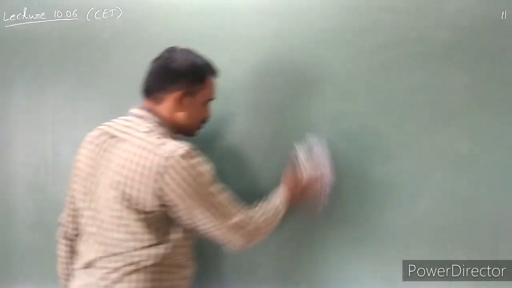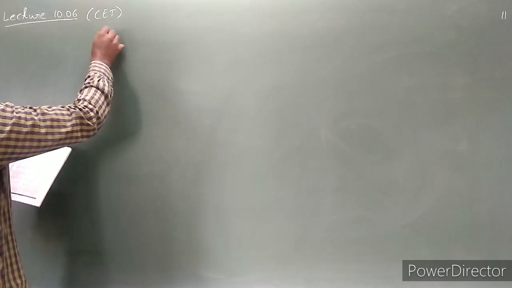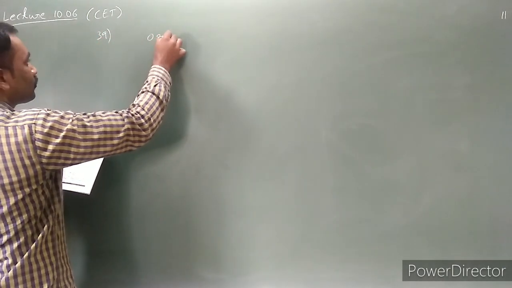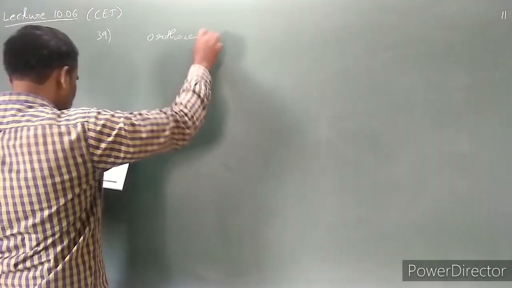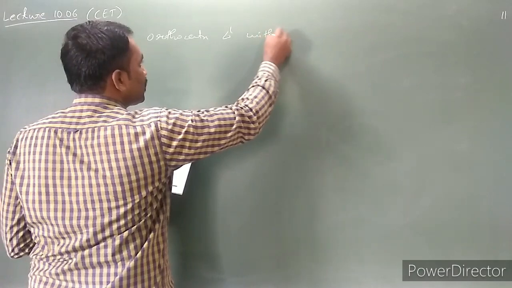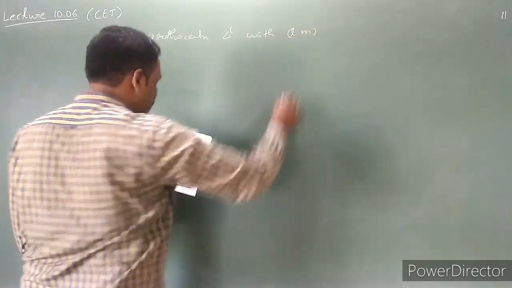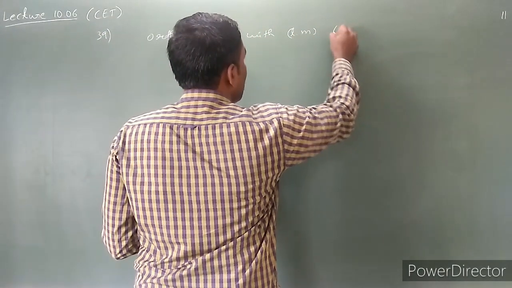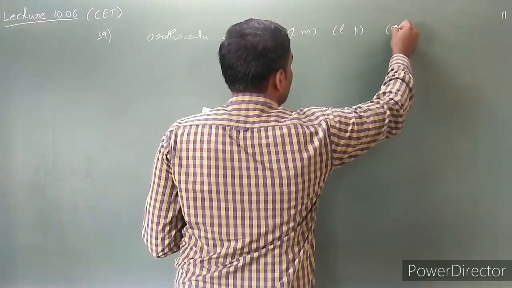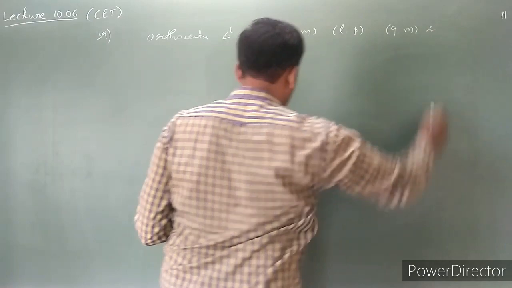After completion of the solution, we just pause the video and note it down. Now let's take example 39. I just read the question. The orthocenter of the triangle with the vertices (L, M), (L, P) and (Q, M) is.